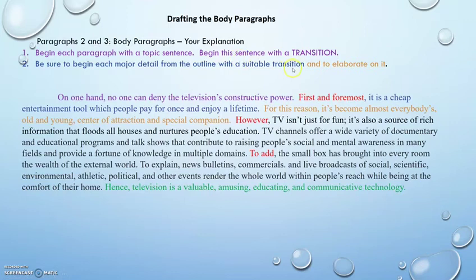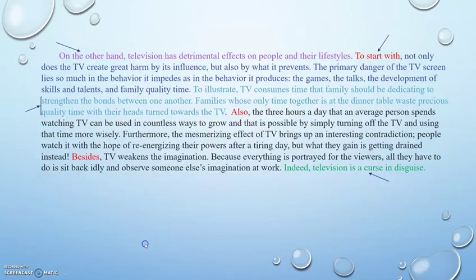And after that, you have to make sure that you actually elaborate on it. And I put here for you the elaborations in orange. Lastly, we have to end each body paragraph with a concluding sentence, and it's here in green. And here's your second body paragraph.